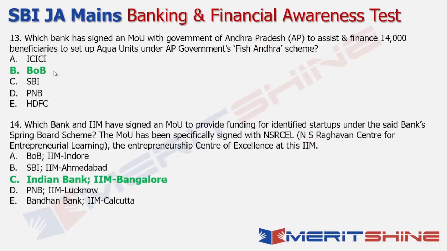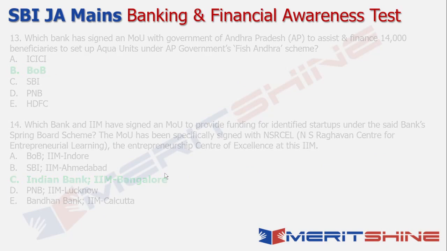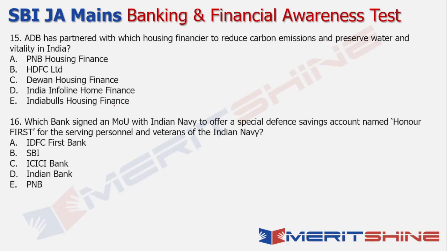So the answers are Bank of Baroda and basically Indian Bank and IIM Bangalore. Moving up to the next set of questions. Now, ADB has basically partnered with which housing financier to reduce the carbon emissions and preserve water and vitality in India? So that is the question here. Now, talking about it from this perspective, this one happens to be IIFL, in the context of IIFL Home Finance, right?